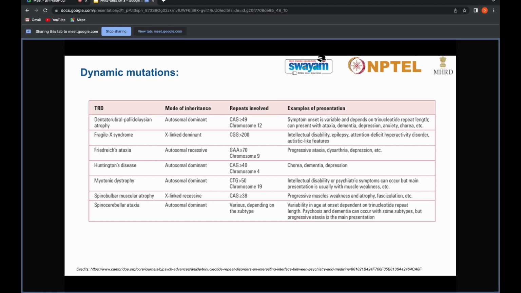So in this way, you will see these disorders are somehow affecting the brain.